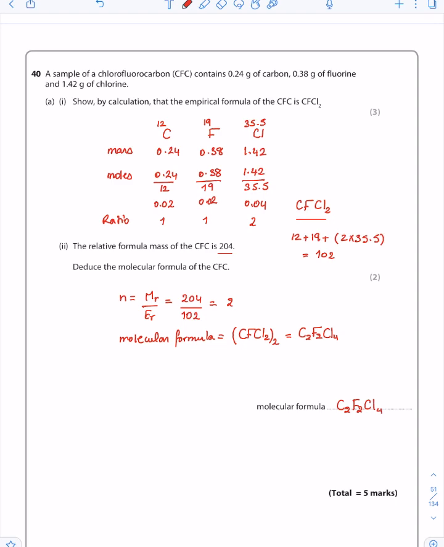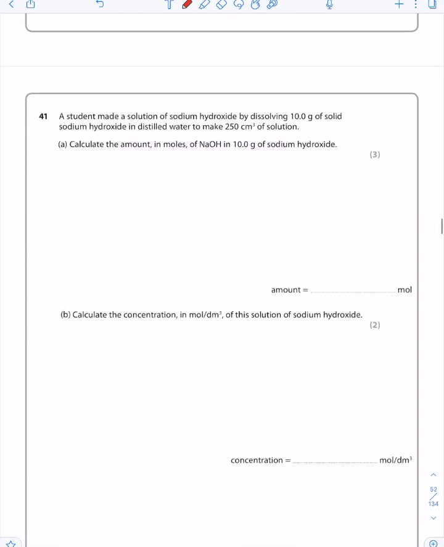Question 41. A student made a solution of sodium hydroxide by dissolving 10 grams of solid sodium hydroxide in distilled water to make 250 cubic centimeter of solution.